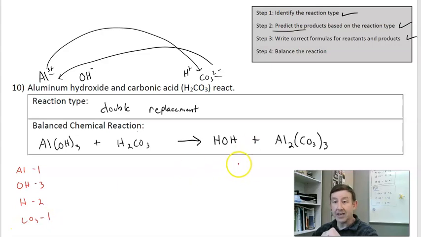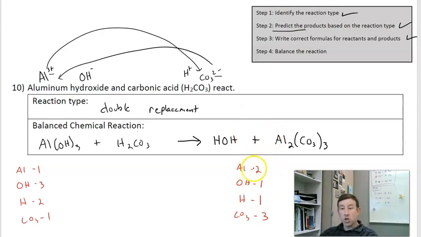On my right hand side, I've got aluminums, 2. Hydroxides, 1. Hydrogens, 1. Carbonates, 3. All right, so let's just start at the top of the list.